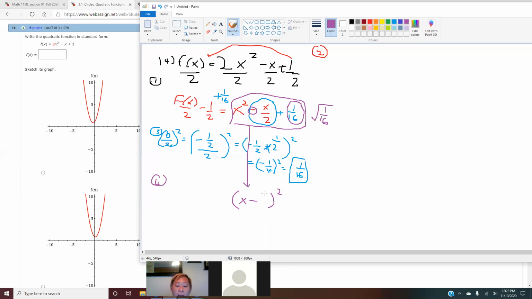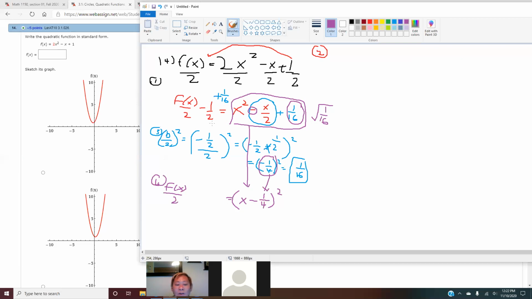So the square root of 1 is 1, and the square root of 16 is 4. So it's 1/4, which is the same thing as your b over 2 that you did earlier. So these are the same, and it's up to you how to calculate this. You still have f of x over 2 here. Now you need to add and subtract this fraction.